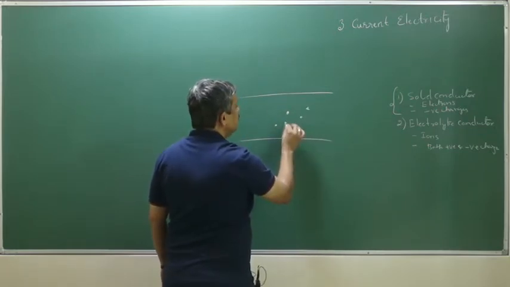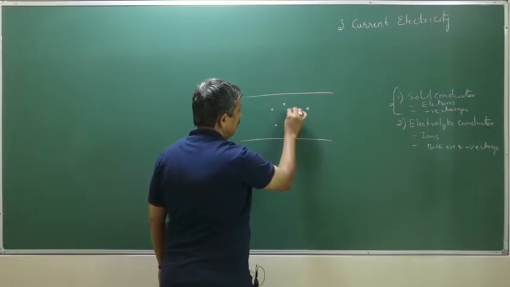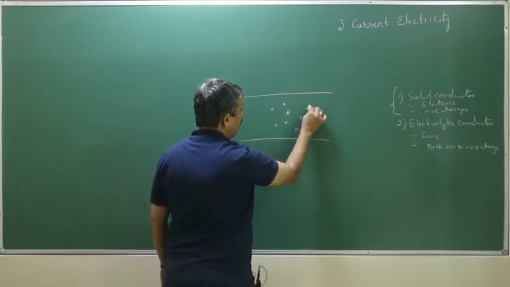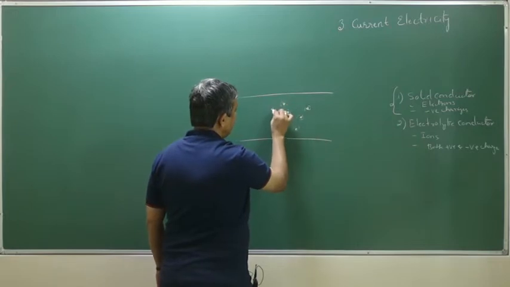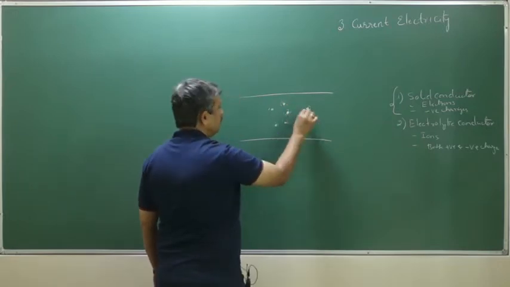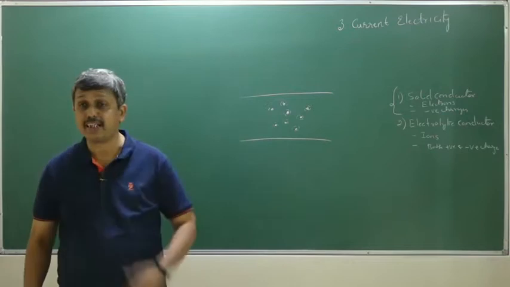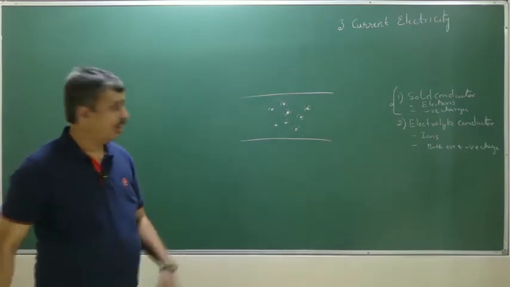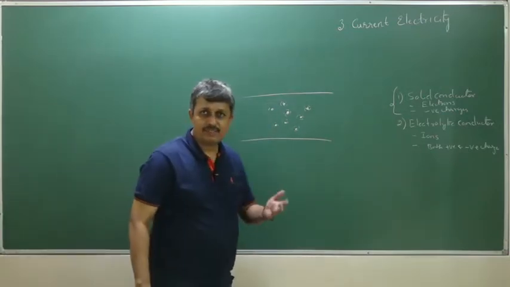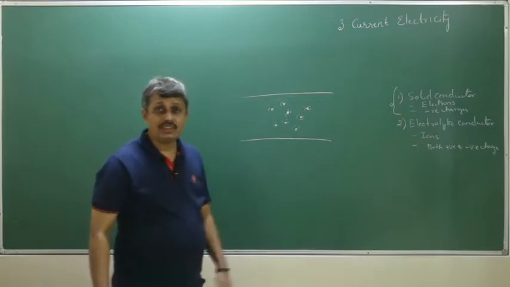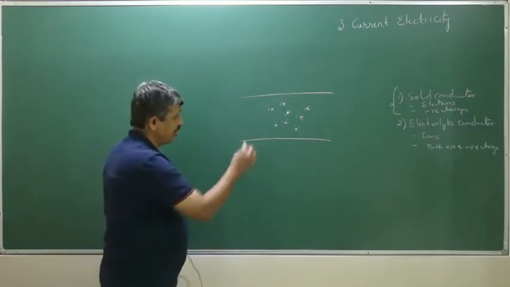Each nucleus has some electrons around it, and I am only interested in the last, the conduction band electrons, as we call them. These are the outermost electrons, which are slightly free to move. They will generally be moving like this.